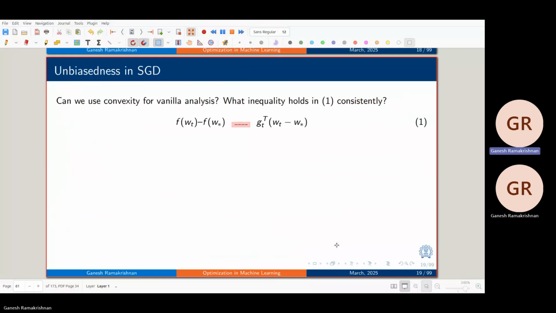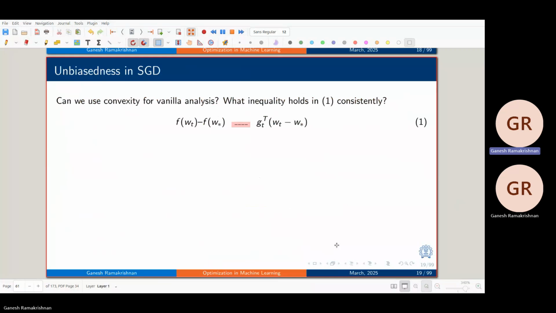So I'm going to just leave you with this last question, okay? Can we use convexity for vanilla analysis? So imagine that we had unbiasedness. You know what an unbiased estimator is? For the sake of simplicity, an unbiased estimator of the gradient, what should it do? In expectation, it should be the gradient. So that is a keyword here, right?